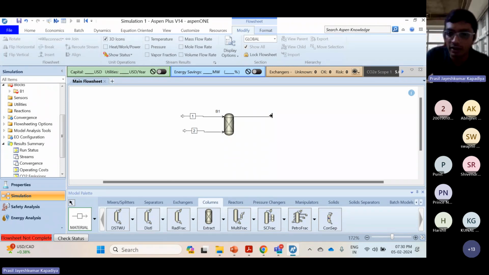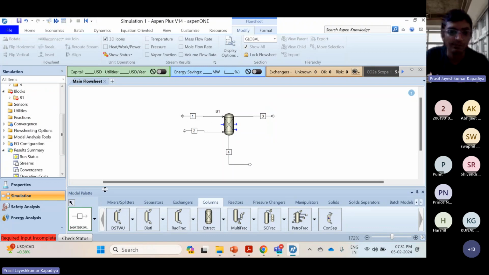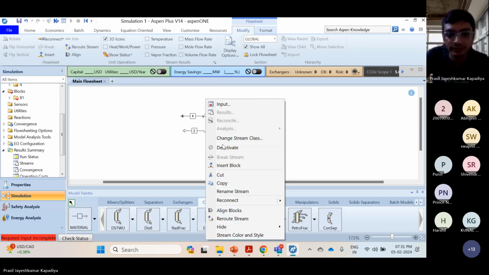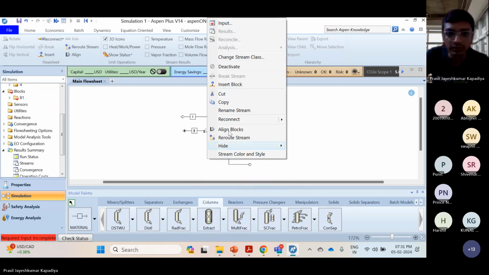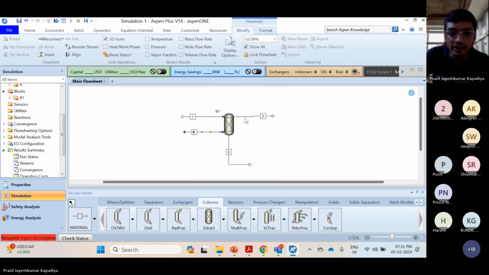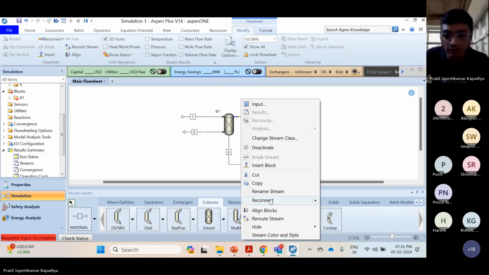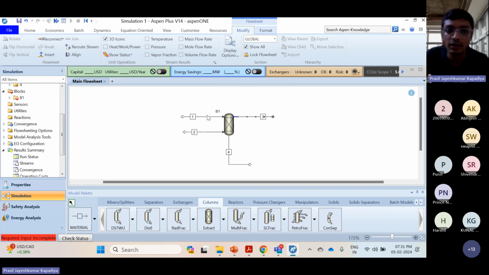We will obtain one extract phase, that is solvent rich phase, and one raffinate phase. Correct? Okay. Now I'm just increasing this line blocks. Okay, so I'll just change these names: Feed, S stands for solvent, extract, and raffinate.